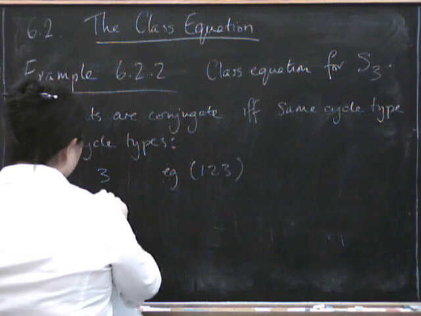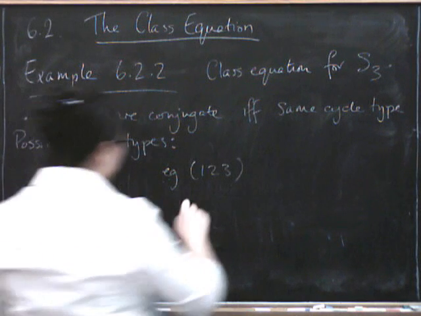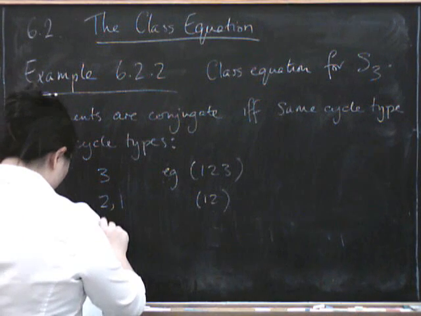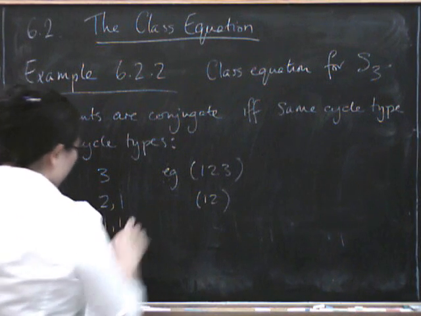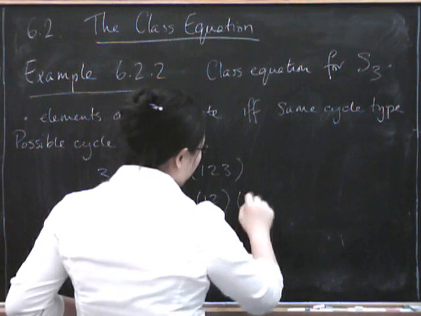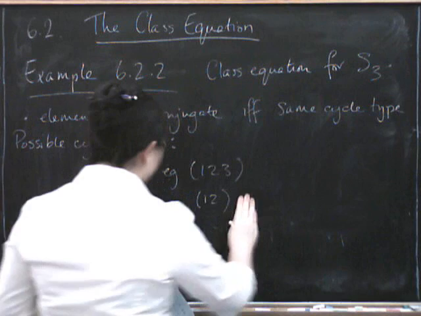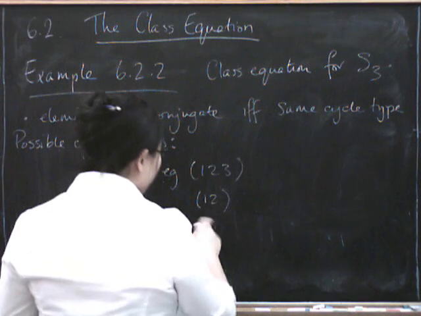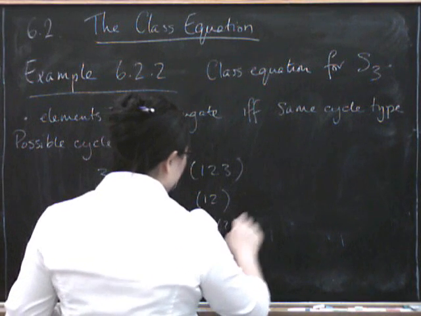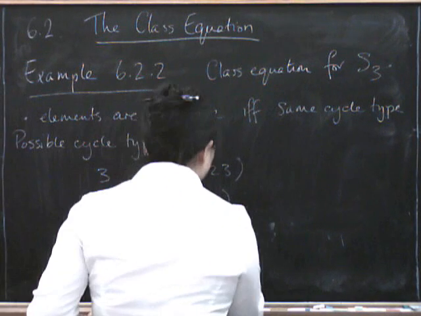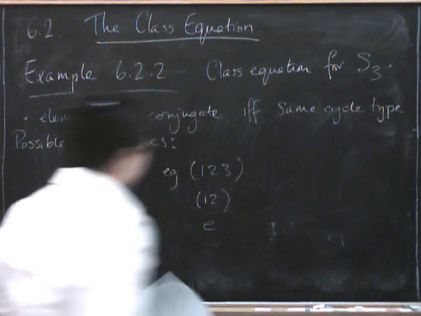Then the other possibilities are that we have 2 and then 1. So a typical cycle type is just a transposition like that. And then 1, 1, 1. I mean, we could have written the last cycle as just a single element like that, right? But I'm not necessarily going to bother. And then 1, 1, 1 means that you've got 1 and 2 and 3 all as cycles by themselves, which means that that's just the identity, okay?